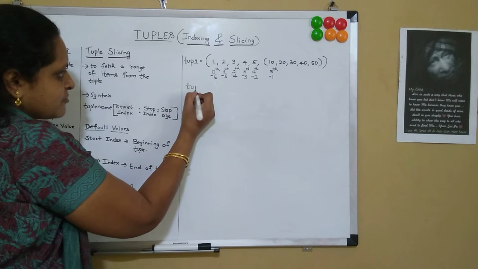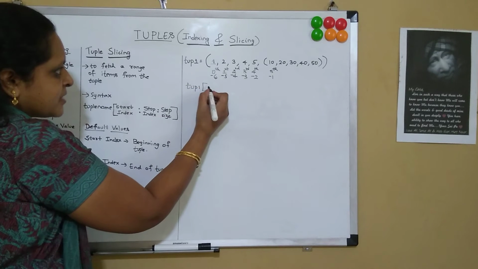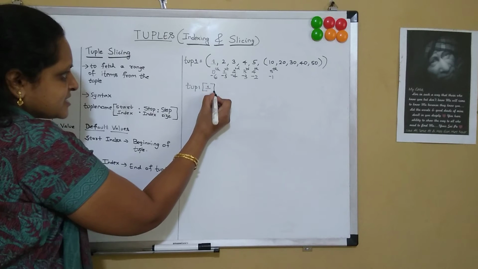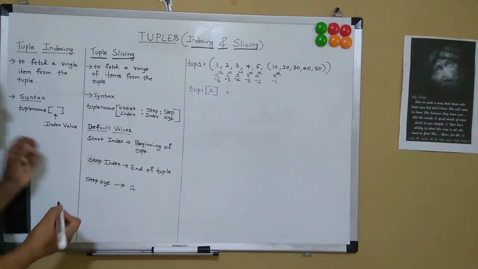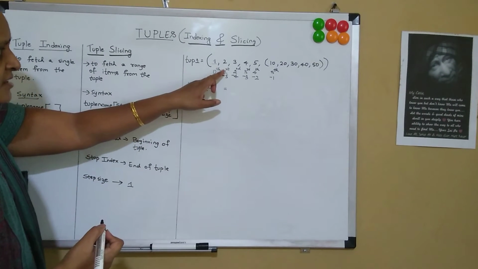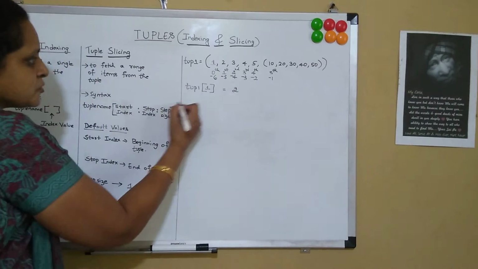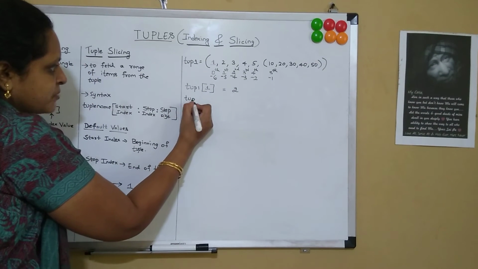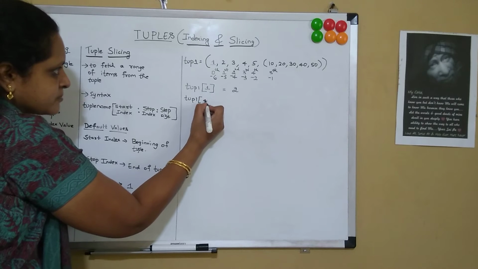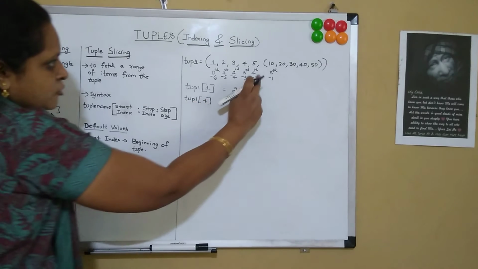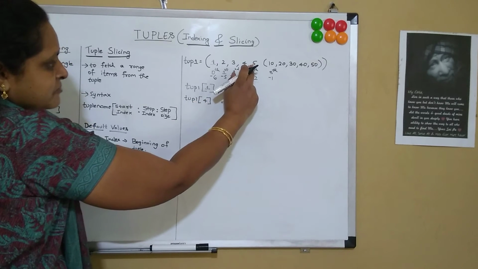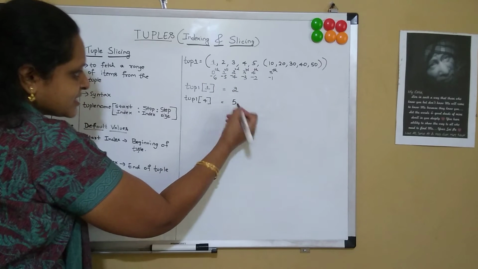If I give tuple1 in brackets 1, that is index 1, then it will print the value at index 1, that is 2. Now if I give tuple1 of 4, at the fourth index I have the item 5, so it will print 5.